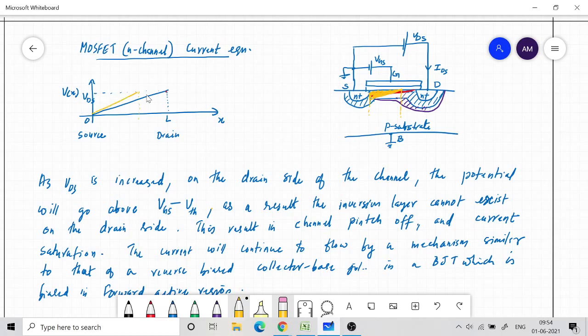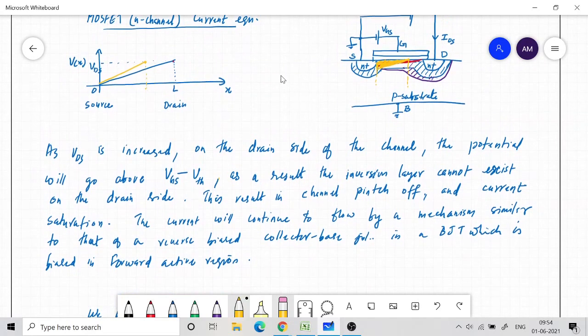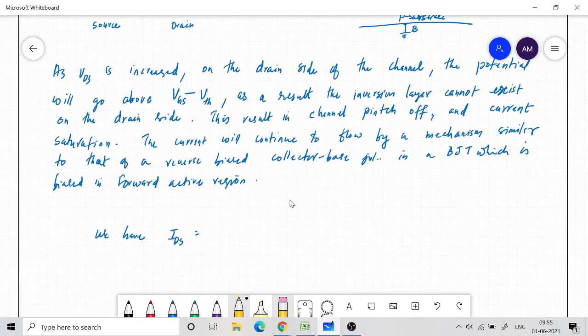So the entire voltage will be dropped in a smaller length. We considered that the entire applied voltage VDS is dropped across the channel, that is from 0 to L. That is the case before pinching off. After pinch off, the entire voltage will not be dropped like that.